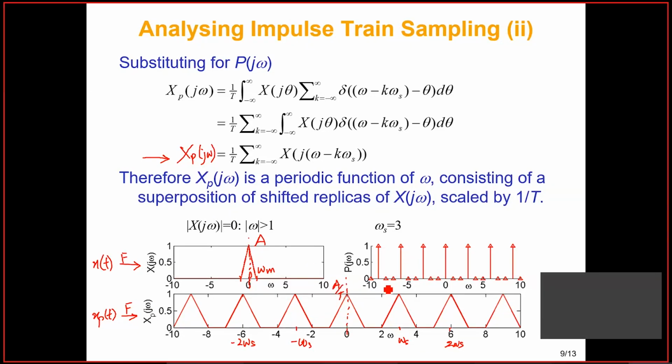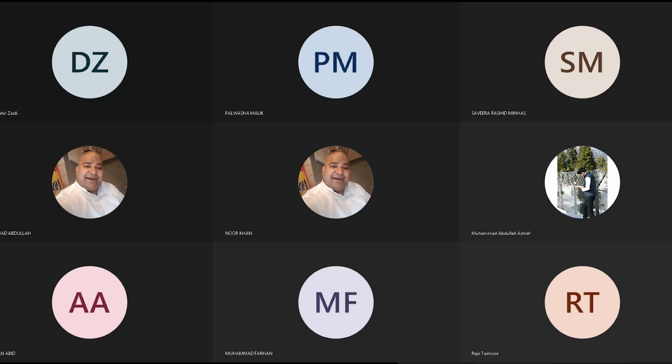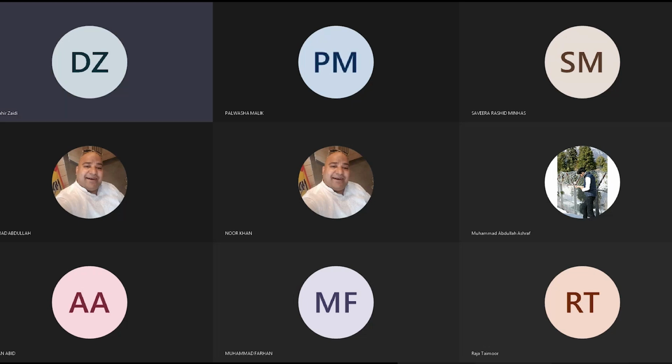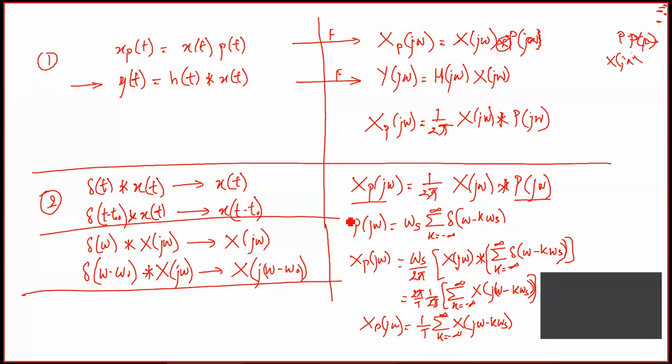So this is very interesting and very important for us to understand: what happens once we do impulse sampling. Let me just draw a line right here and say that this is your time domain. Whatever signal is given to us, let's say x(t), it can be any shape and form.